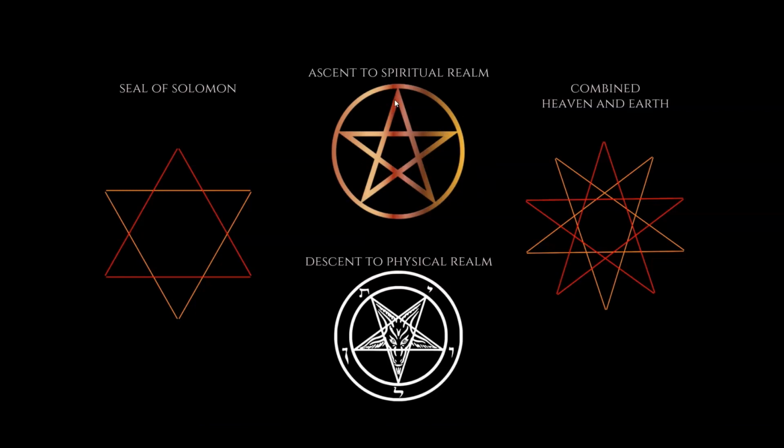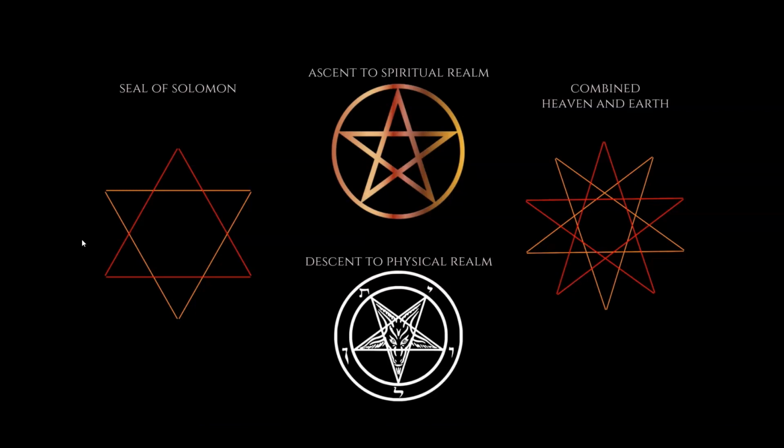If we look at the pentagram here, the upright, point-up pentagram represents the ascent into the spiritual realm, while the inverted pentagram represents the descent into the physical realm. So the 10-pointed star represents combined heaven and earth, combined physical and spiritual realms.